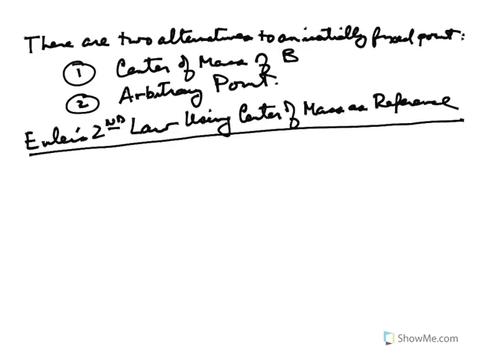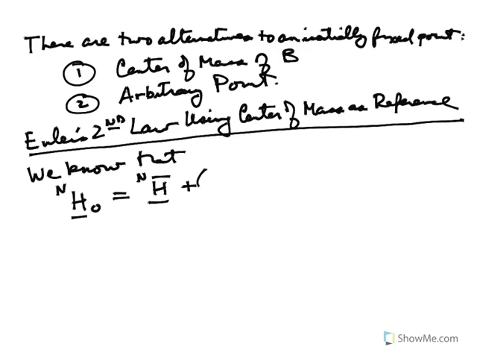definition of the angular momentum. So we know that the angular momentum relative to an inertially fixed point is equal to the angular momentum relative to the center of mass plus Rho minus R bar crossed with M times VO in N minus V bar in N. So what we're going to do is take the rate of change.